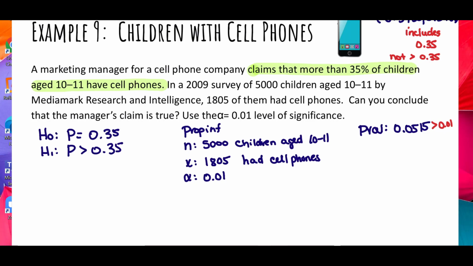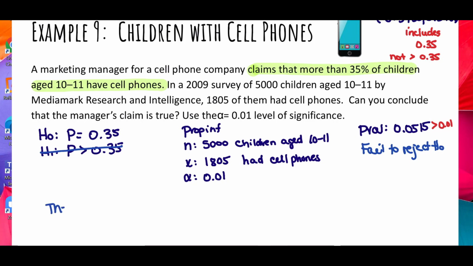It says that the p-value is greater than 0.01. So if it's greater, then we fail to reject the null. And if we fail to reject the null, we have to reject the alternate.